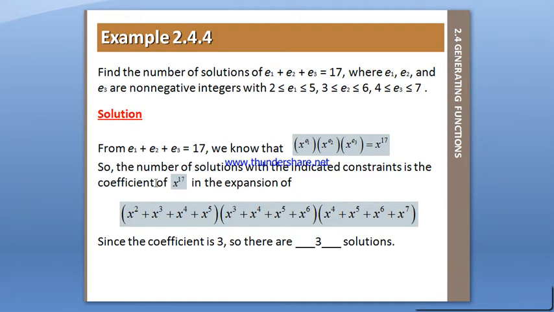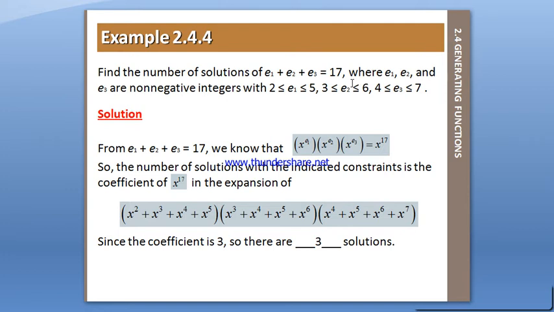Both are equivalent. So the number of solutions with the indicated constraints is now the coefficient of x^17 in the expansion of (x squared plus x cubed plus x^4 plus x^5). This term is the generating function corresponding to the first constraint, 2 less than or equal to e1 less than or equal to 5.